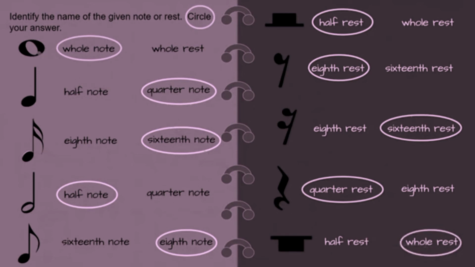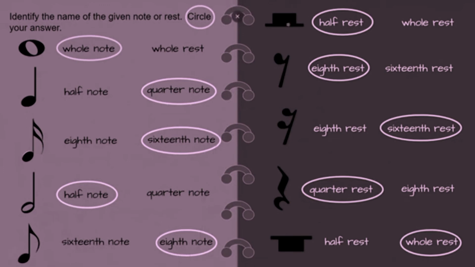Let's review. This is whole note. This one, shaded head, quarter note. Correct. This one, 2 flags, 16th note. Correct. This one is unshaded, unshaded head, half note. Okay. This one, only 1 flag or 1 beam, 8th note. Correct.